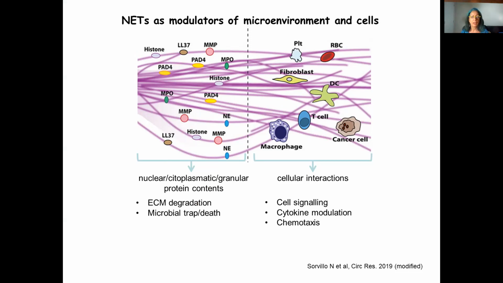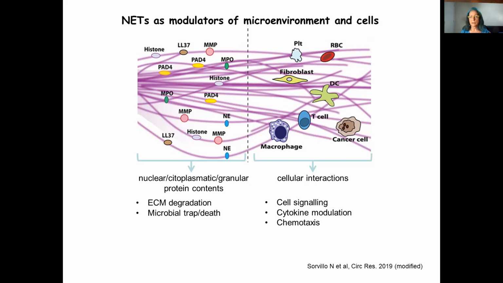But of course, there is a whole bunch of studies about the escape mechanisms that different microorganisms evolved to escape NET-mediated killing. But what I decided to talk about is the NET effect on neighboring cells.